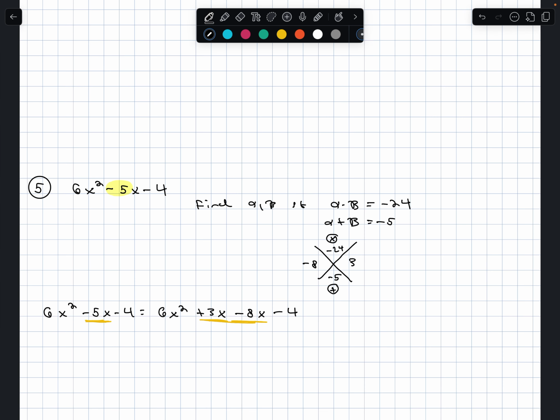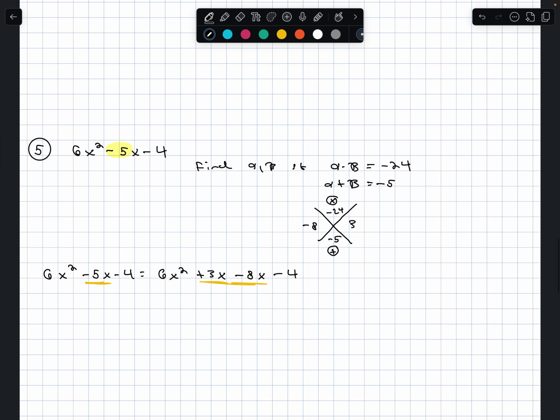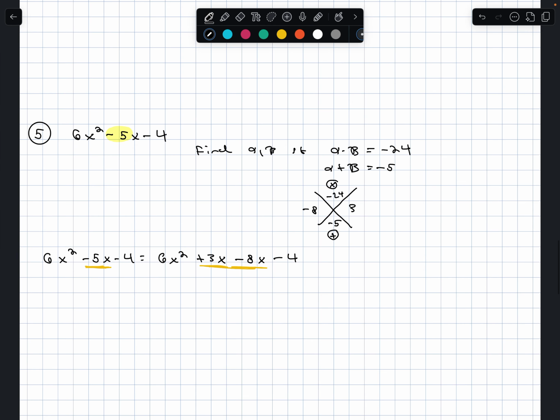Okay, and then this is the next part of our technique, is to group. The reason I wrote it like this, 3x minus 8x as opposed to the other one, is I noticed that 6 and 3 have a common factor of 3, which I'm going to take advantage of. And then negative 8x minus 4, they have a common factor of 2, or of 4 actually.